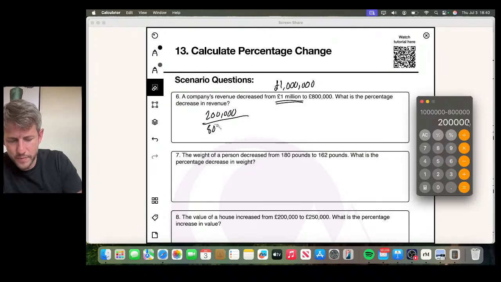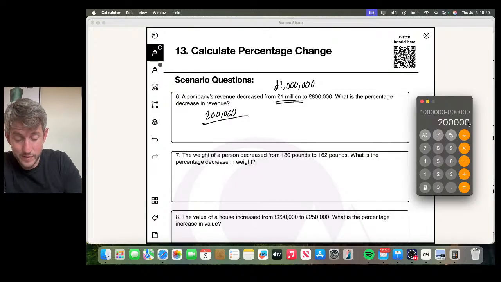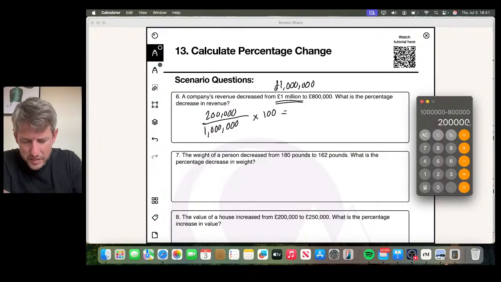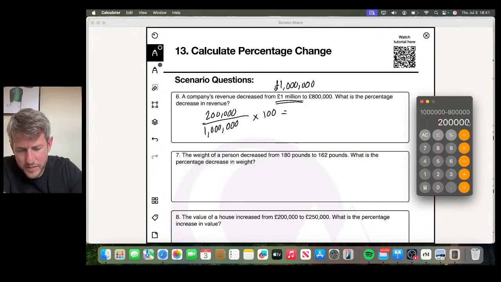No, it decreased from the million, so 200,000 out of the 1 million. And then we're going to times that by 100. I'm actually going to do a bit of a trick here first. I'm just going to cancel out some of these zeros so that I don't have to write them all out. So 200,000 out of 1 million simplifies to 2 out of 10.